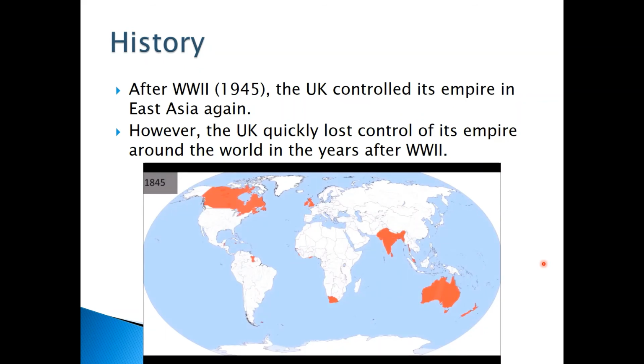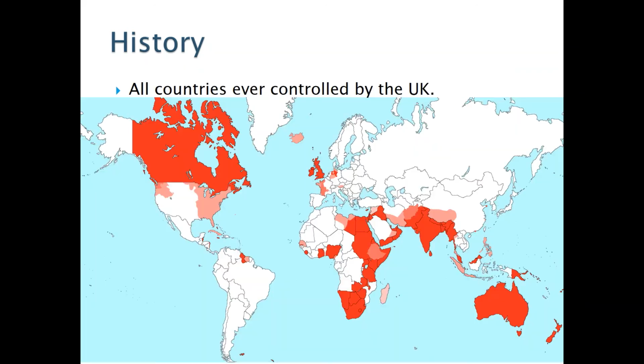You can see the UK slowly gets its empire, and then after World War II quickly loses it. This map shows all the countries ever controlled by the UK. So at different times in history, all these countries were controlled by the UK.